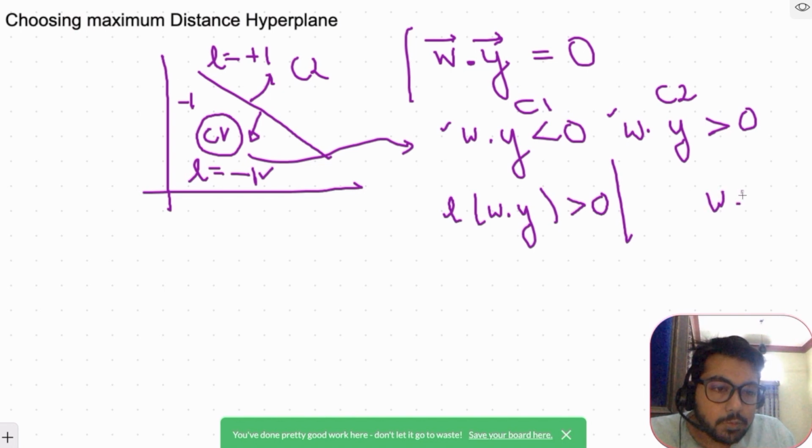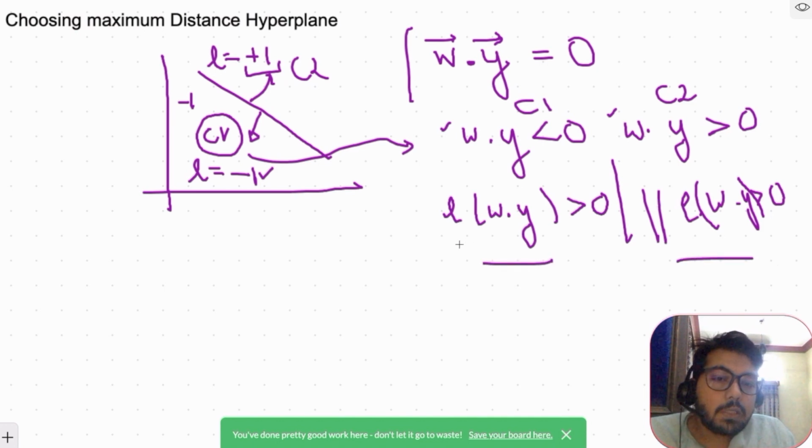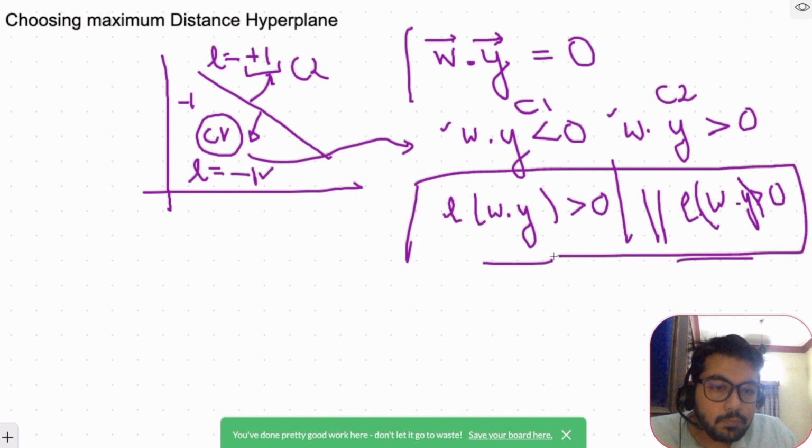Similarly, w dot y for class 2 is always greater than 0, so multiplying it with the positive label returns greater than 0 again. So in both cases, label times w dot y results in a positive quantity.